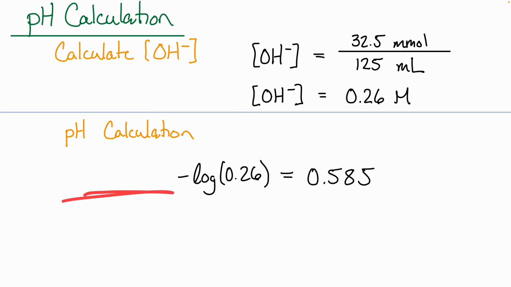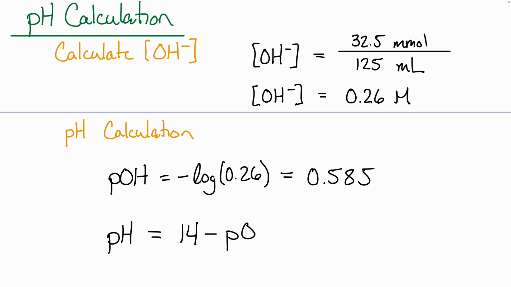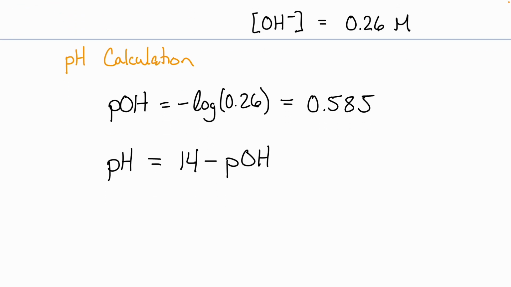So what did we really just calculate here? pOH, which is fine. That gets us part of the way there. We just don't want to forget and stop there. We need to now use the fact that pH plus pOH equals 14, or pH equals 14 minus pOH. And this gives me a nice number that makes sense for being in this excess of strong base region: 13.415.